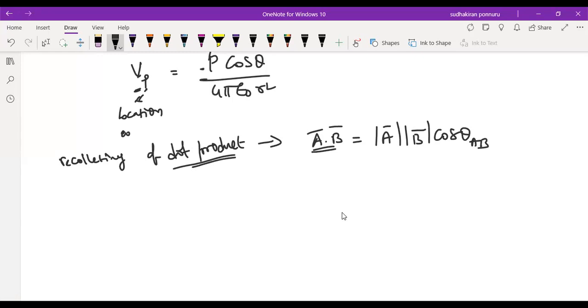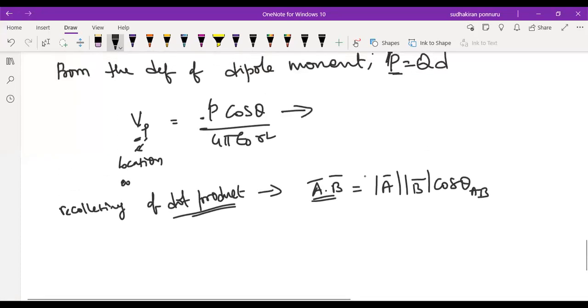So a bar dot b bar is equal to modulus of a bar, modulus of b bar and cos. If you see the above expression, in the numerator we have the P term and we have the cos term, cos of theta. If you want to express it in the form of a bar dot b bar, here this theta is nothing but the angle between two vectors.